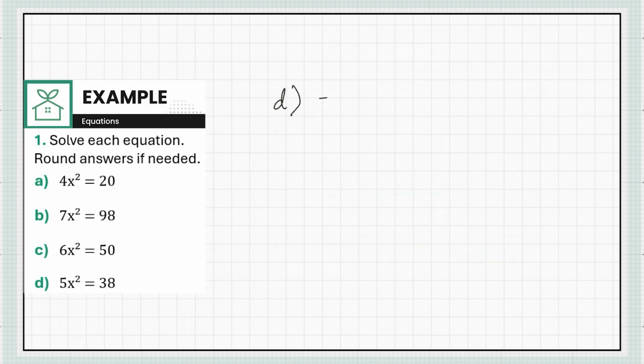Looking at D, we have 5x squared is equal to 38. So dividing both sides by 5, we're left with x squared is equal to 38 over 5. That means x will be equal to plus or minus the square root of 38 over 5. So let's put that into our calculator.